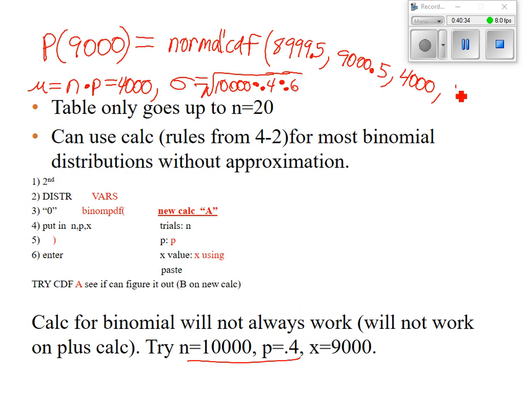Let's just round it off to 49. Punch it into your calculator. What's it come out to be? 0. If your calculator didn't come out to be 0, I need to know.